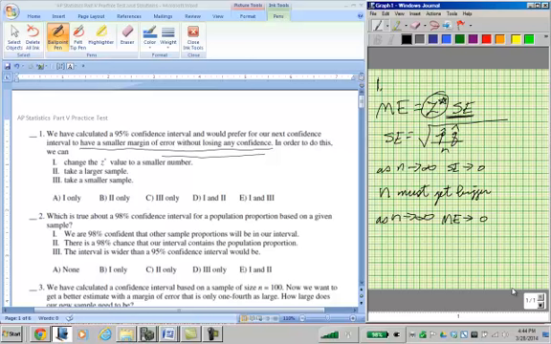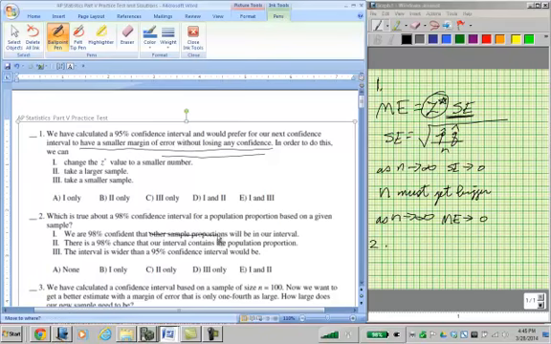Number 2, what is true about a 98% confidence interval for a population proportion based on a given sample? We are 98% confident that other sample proportions will be in our interval. Okay, so what does that mean? Now, here's the meaning of a particular confidence interval. We are 98% certain that the true population proportion is in the interval, not other sample proportions.